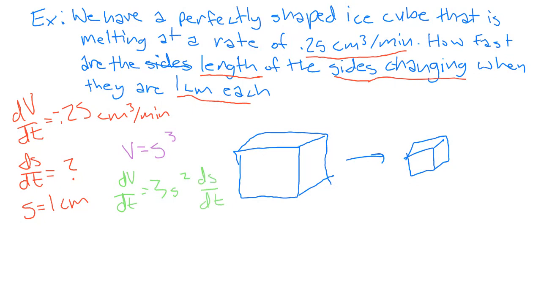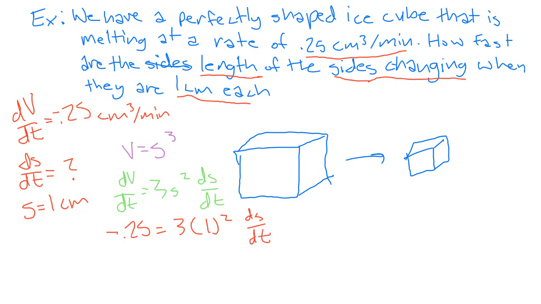So now we're at step 6, which is just plug in our info and see what we get. We already know that dV over dt is negative 0.25. That 3 is just a constant. They already told us that our sides are 1, so 1 squared, and we don't know our ds dt.